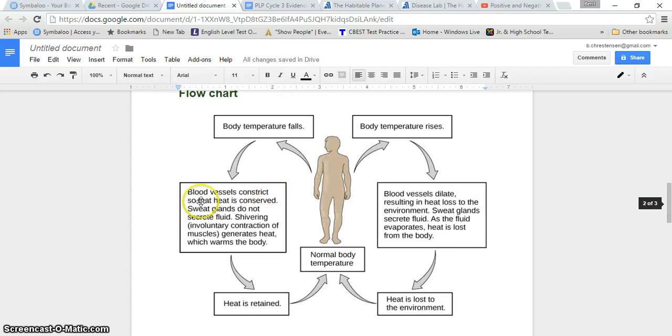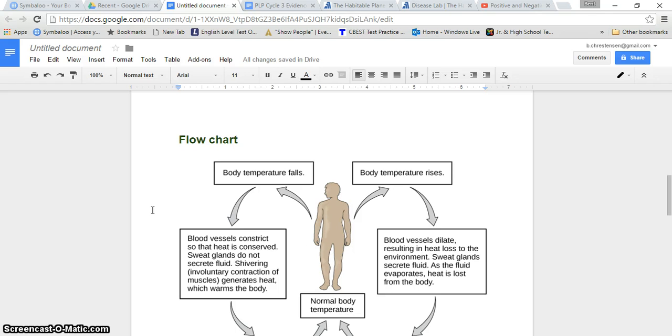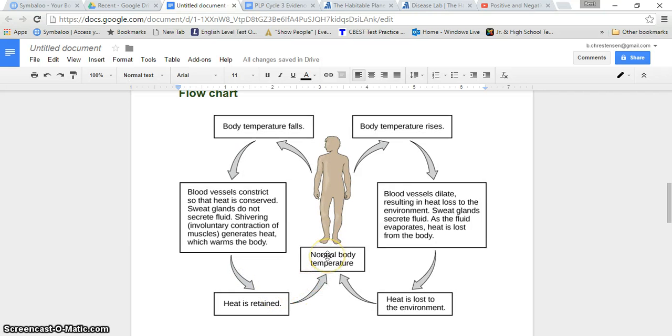She made a flowchart of the body temperature system: if body temperature falls, your muscles start to shiver and generate heat, which brings the normal body temperature back. Or if your temperature rises, your blood vessels dilate and result in heat loss to the environment, or your sweat glands secrete fluid that evaporates, and heat is lost from the body, which again creates the normal body temperature.